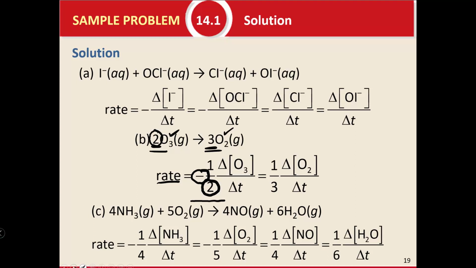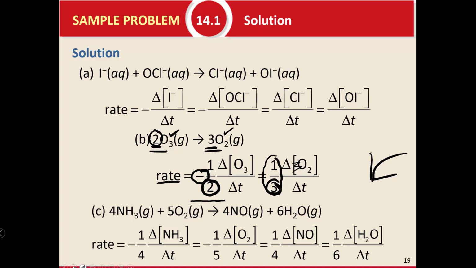And then for the oxygen, for every 2 of these ozones consumed, 3 oxygen are formed. So we need a correction factor of 1/3, so that when I multiply it by this 3 times as fast thing, it cancels out. And again, notice there's no negative because it's a product, and we know that products are increasing in concentration over time. It's not bad. You've got to know where these numbers come from.